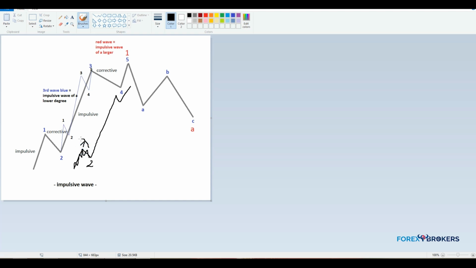So this one, 1, 2, 3, 4, 5, and the ABC is also a cycle, but a cycle of a lower degree when compared with this entire one. Then the market advances in an impulsive way with 1, 2, 3, 4, 5, for instance like this, and then corrects for the 4th wave with an ABC. This is another cycle. And so on and so forth.